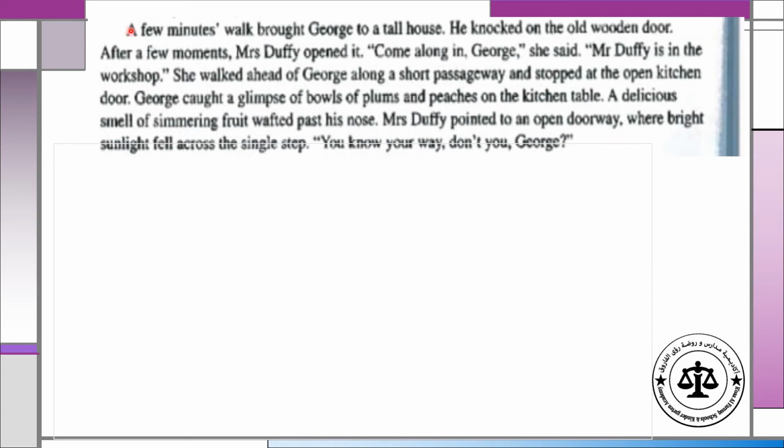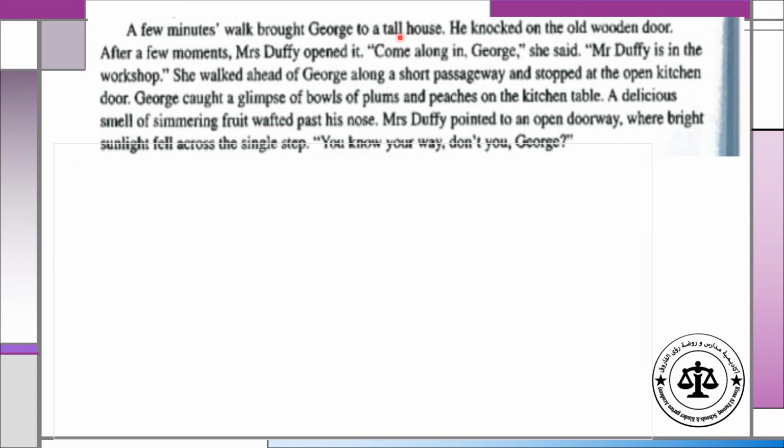And now let's move to the second paragraph from this story and discuss it by making questions and answers. We will read it and discuss the ideas of this paragraph. A few minutes walk brought George to a tall house. دقائق قليلة قادت جورج to a tall house, لمنزل طويل أو ضخم.